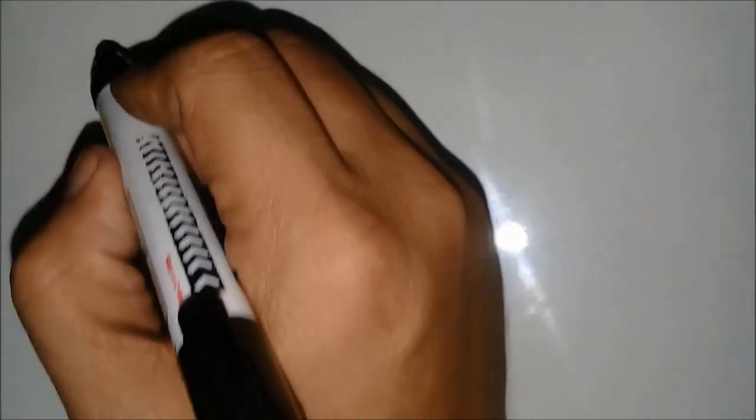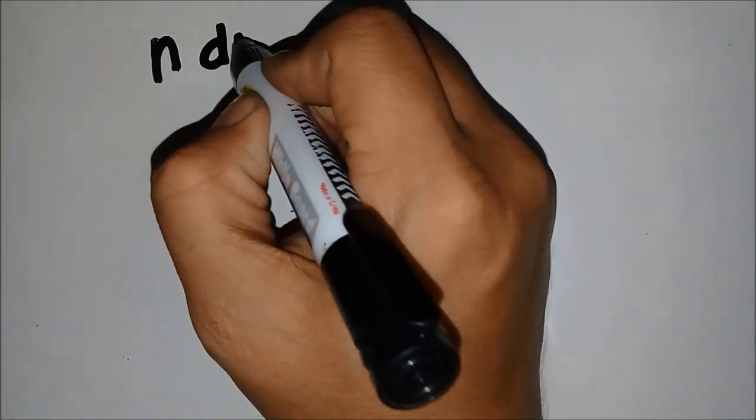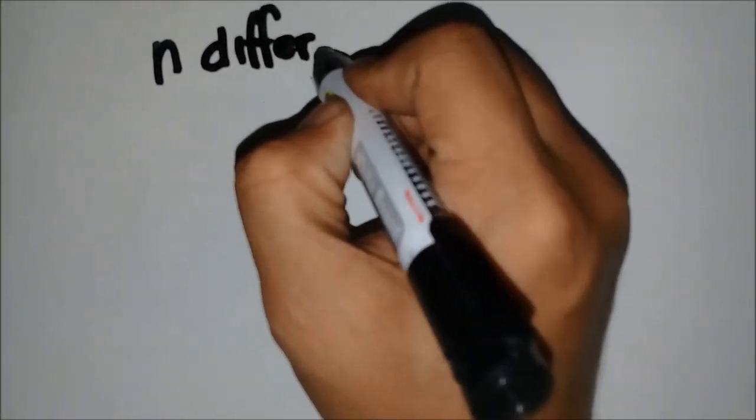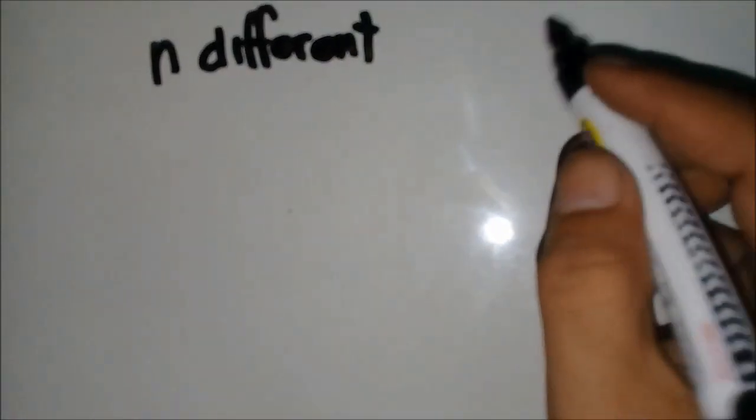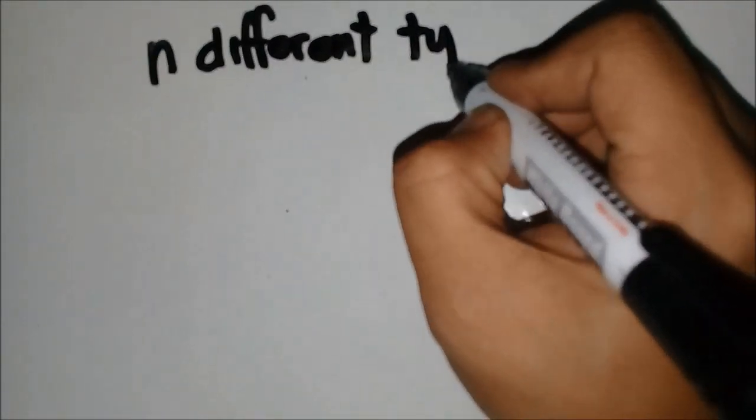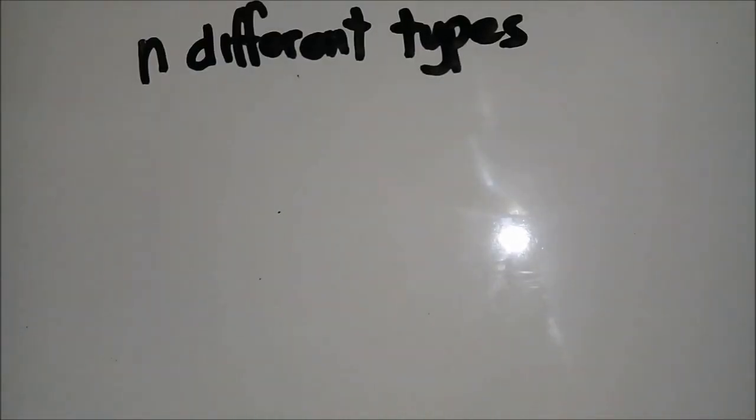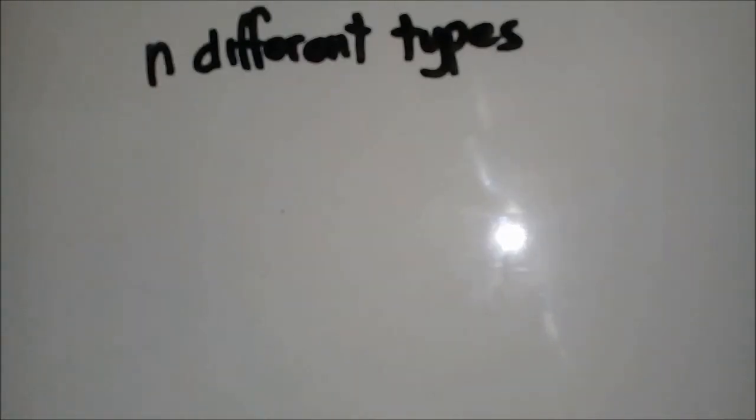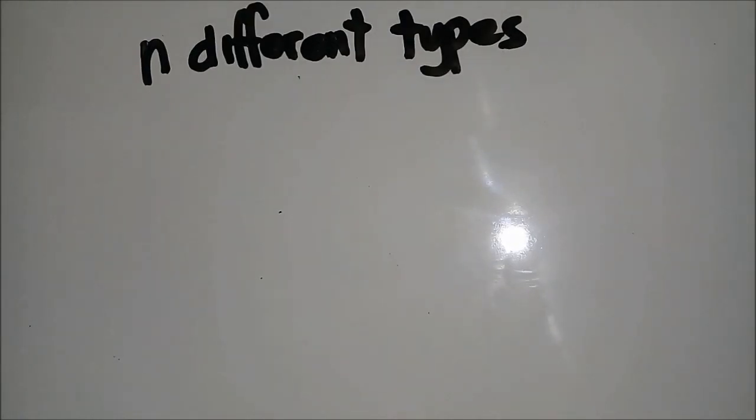When repetition is allowed, when a thing has n different types, for example, in the lock set, and we have n choices each time, then that is a permutation with repetition allowed.